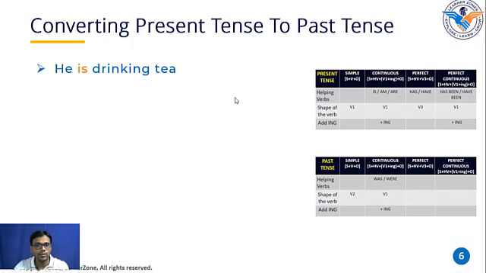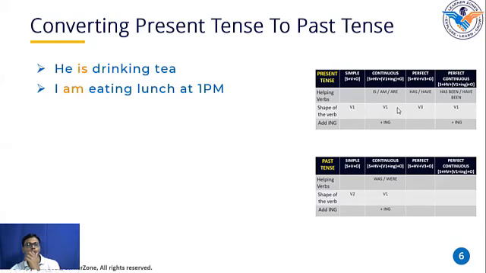Now, I am eating lunch at 1 p.m. What is the helping verb I am using? 'Am'. 'Am' is in present continuous tense. Eat is V1 and I'm adding ing to it. That's why it is again present continuous tense.